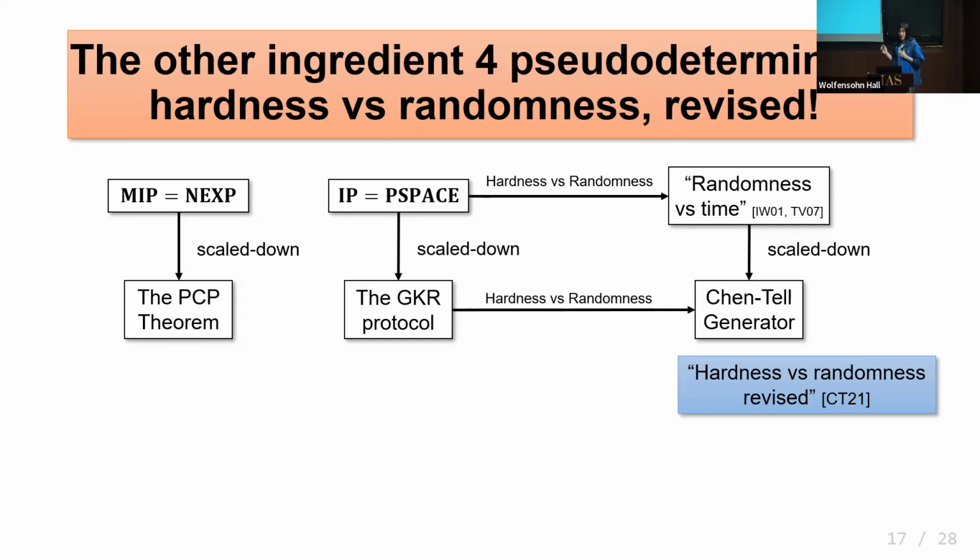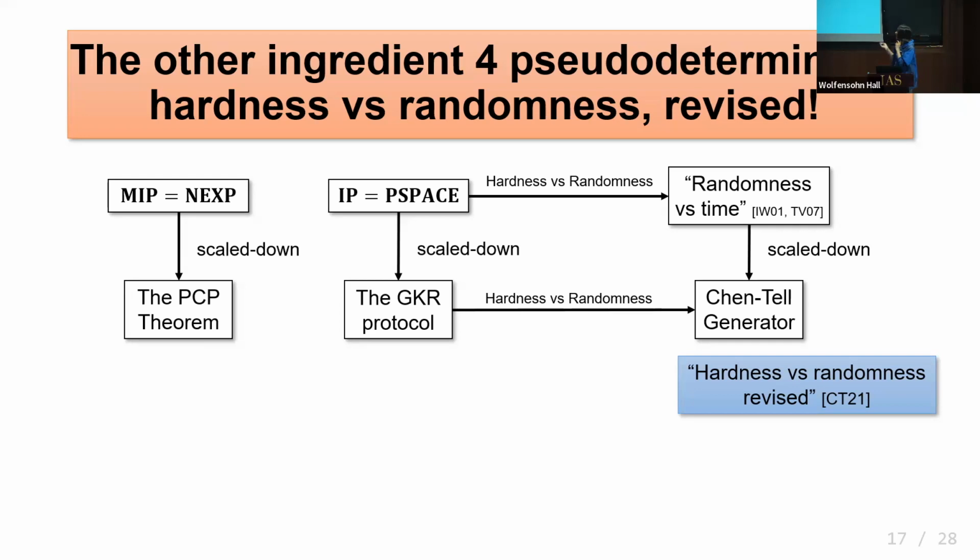The insight of Lijie Chen and Roei Tell was to plug in the GKR protocol. So their insight is to plug the Chen-Tell generator into what previous people did on randomness versus time, the work of Impagliazzo and Wigderson.